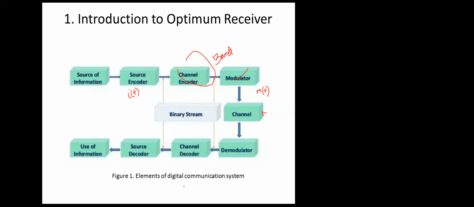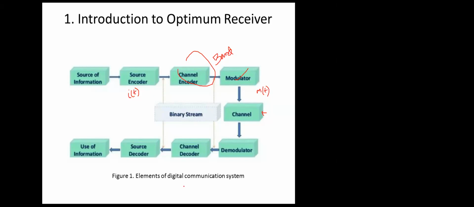It could be a water medium too. Do you agree to this? Yes, ma'am. So these are all the various paths through which the information has to be transmitted to the other end, which we call the receiver.